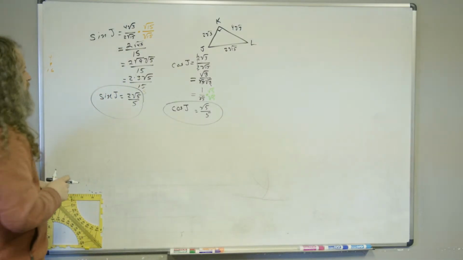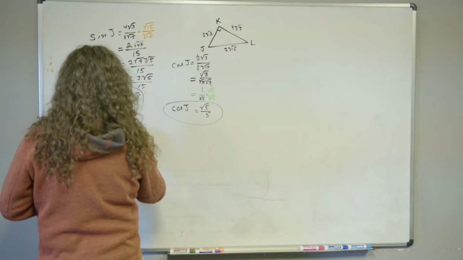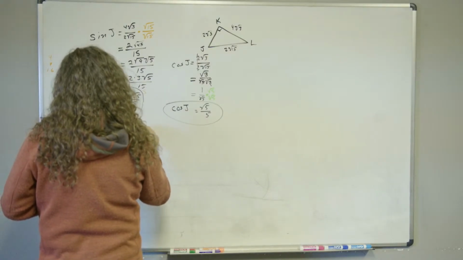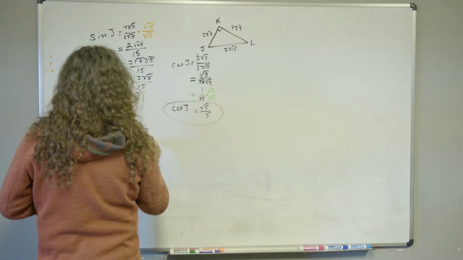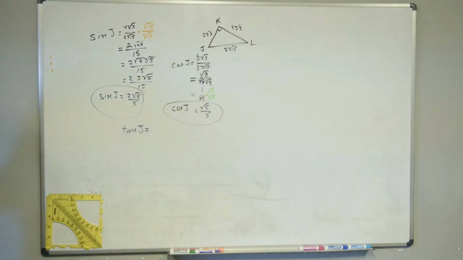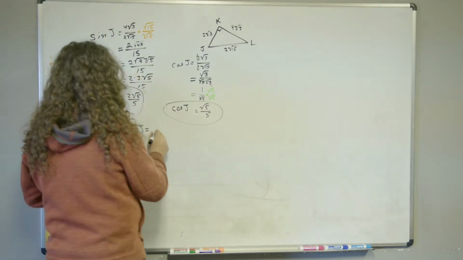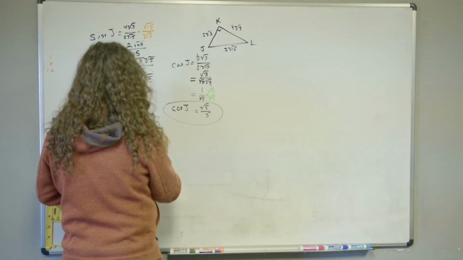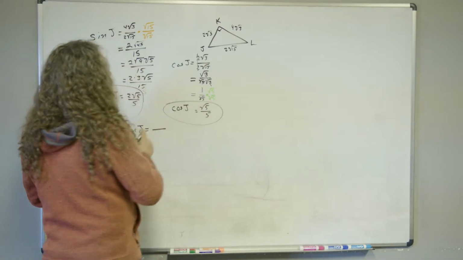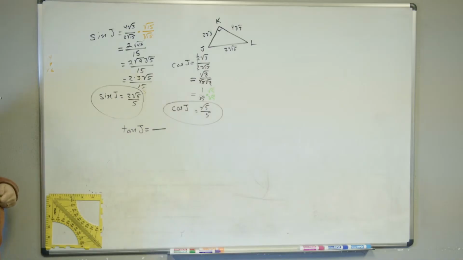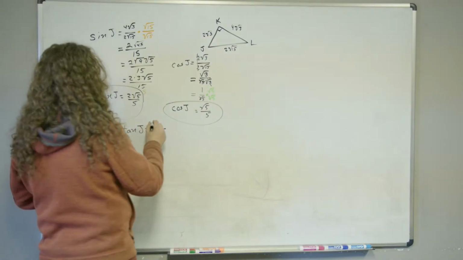What about the tangent of j? What is tangent in opposites, adjacents, and hypotenuses? Opposite over adjacent. True enough. What is opposite j? 4 times square root of 3.